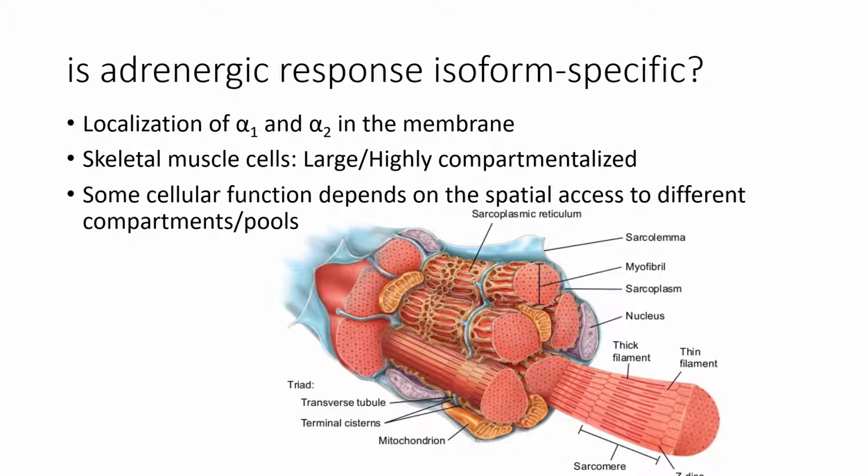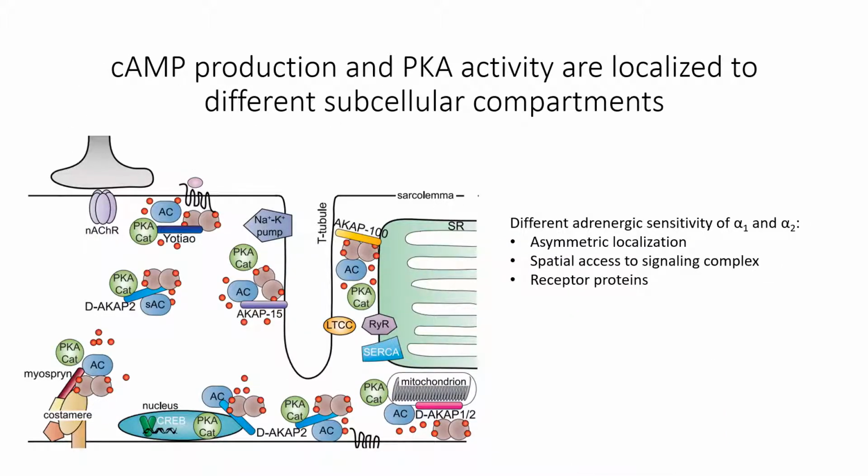So skeletal muscle cells are very large cells, and they are highly compartmentalized. Some cellular functions in skeletal muscle depend on the spatial access of one pool of protein to another pool or another domain of the membrane. It's been suggested that in myofibers, cyclic AMP, which is the core component of adrenergic stimulation, production and PKA activity are localized to different subcellular compartments.